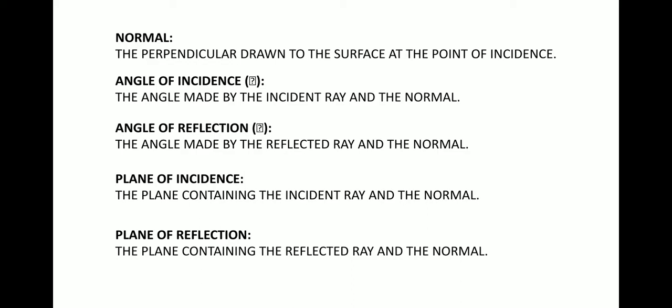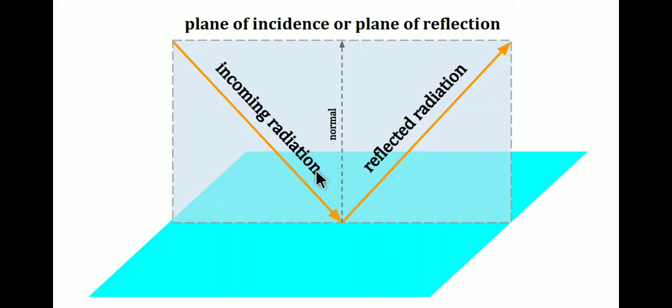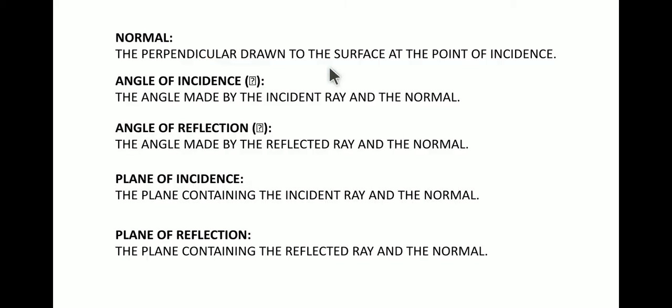Now this is very important: plane of incidence, the plane containing the incident ray and the normal. So over here, if we pass a plane, something like this, through the incident ray and the normal, then this plane is called the plane of incidence. And the plane of reflection will be the plane containing the reflected ray and the normal.